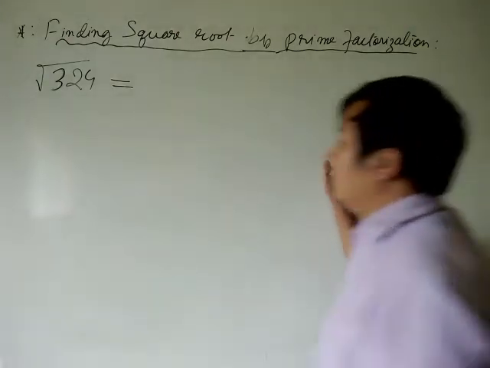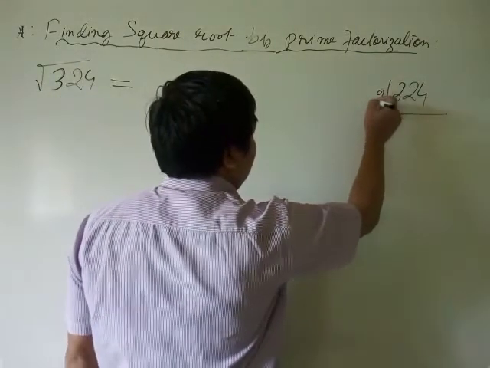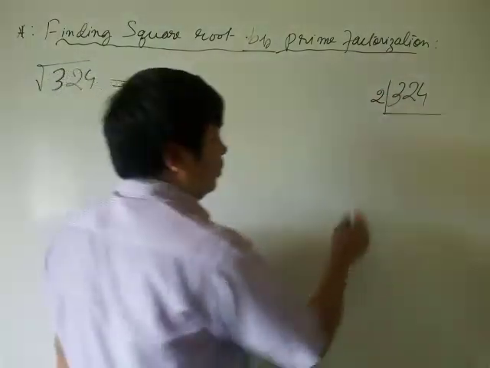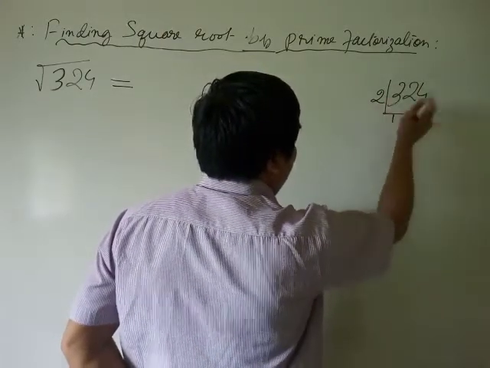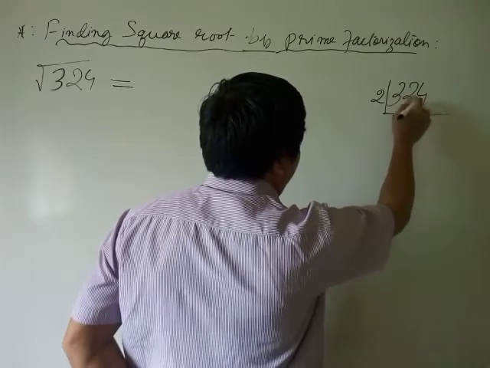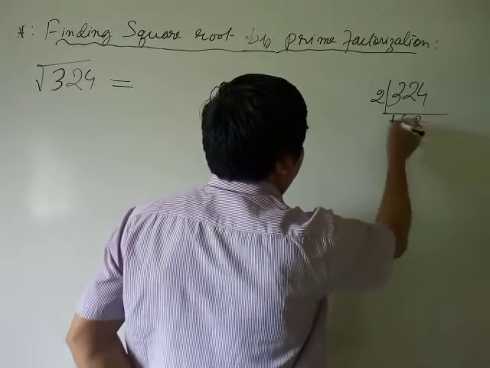So in the factorization, what do we have to do? We have to take the first prime number, isn't it 2? Then divide. 2 ones are 2, 2 threes are 6, 2 twos are 4, then 162.